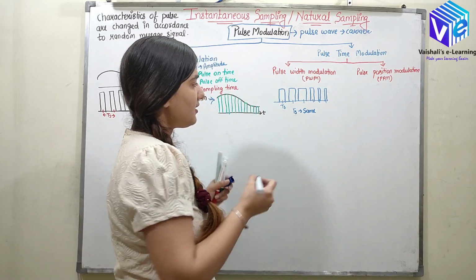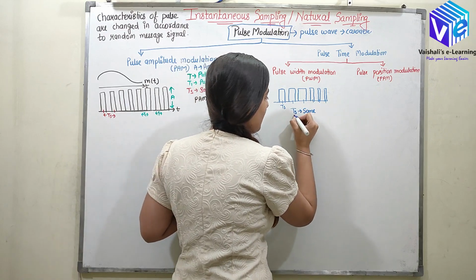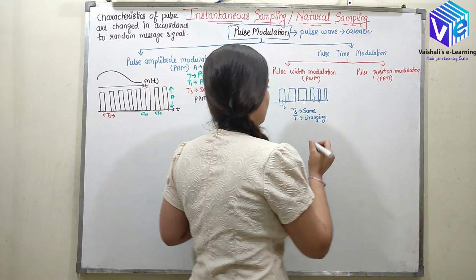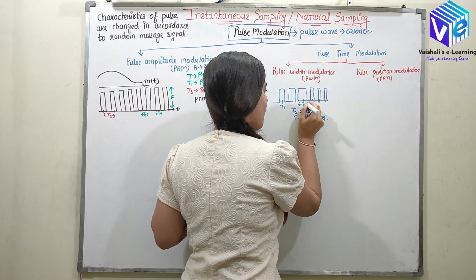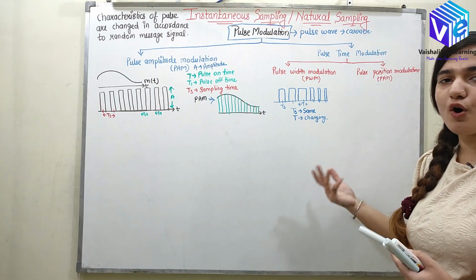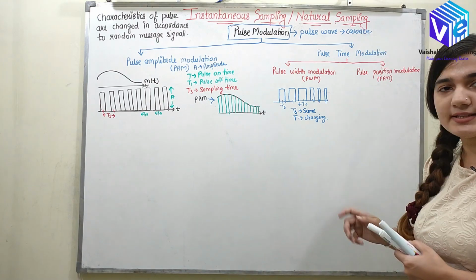So you can see we have TS to be same, only T is changing. So this was pulse on time. The pulse on time will change. Obviously the pulse off time will also change because TS is same.